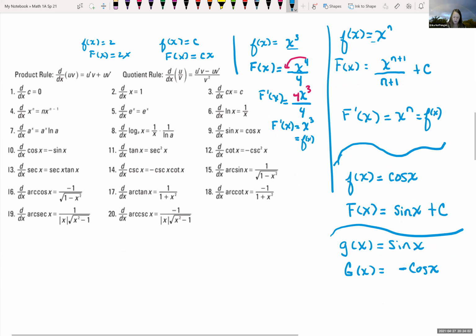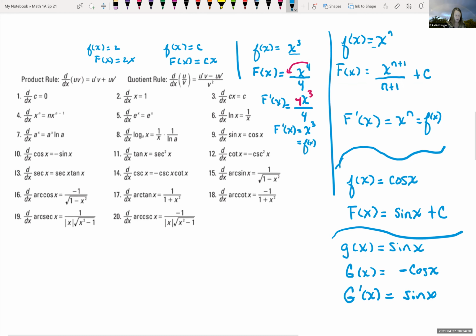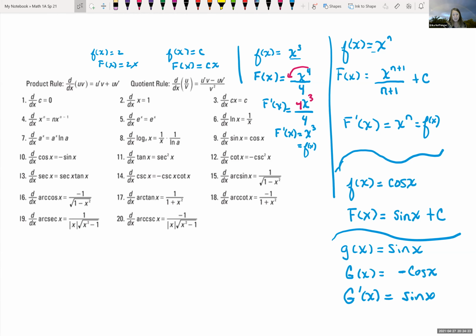Taking that derivative would work. That would give me negative negative sine x, which is sine x. Then it's just recognizing things like we talked about with the natural log: the derivative of natural log of x is 1 over x.